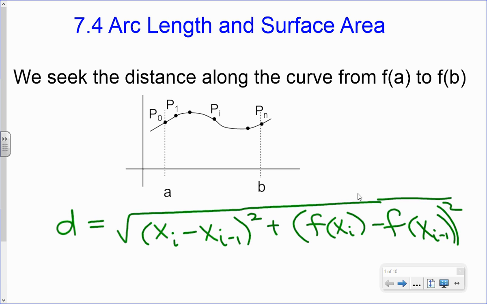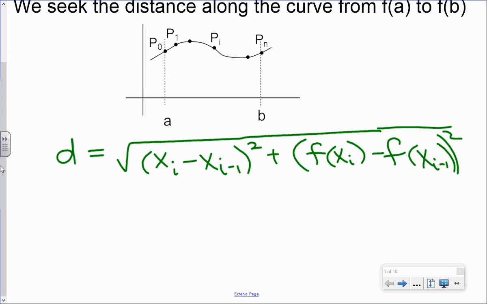Oh, it's initial minus 1. It's just funky notation: x sub i and x sub i minus 1.